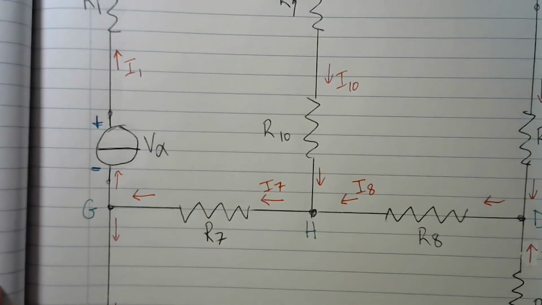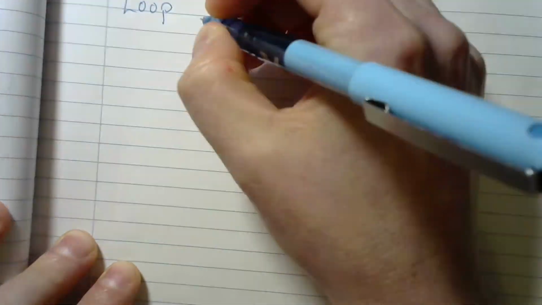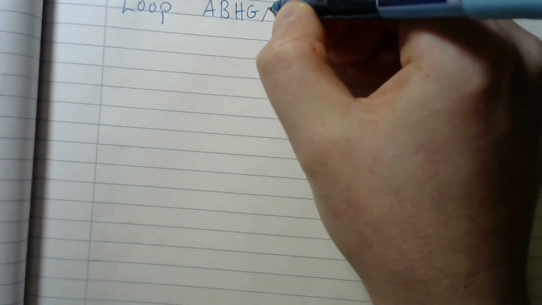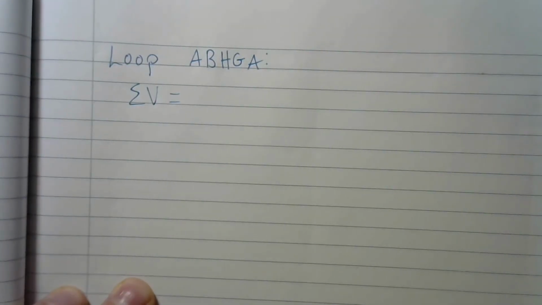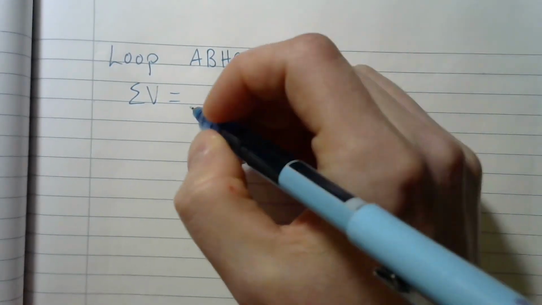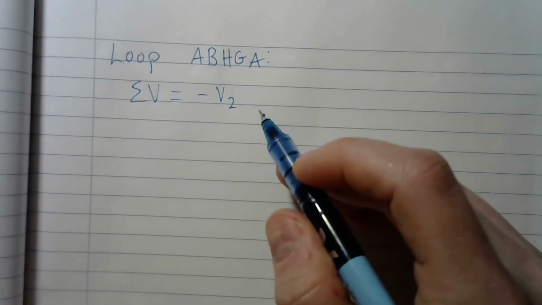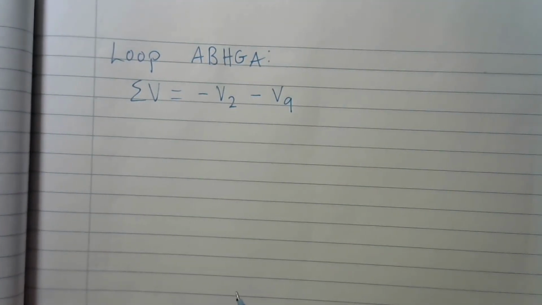So if we write this in an equation, then it would look like this. So we have loop A, B, H, G, A, and we have the sum of the voltages around the loop. The first thing we encountered was R2, so that is going to be negative V2. Then we encountered R9, and that was also a negative, so negative V9.